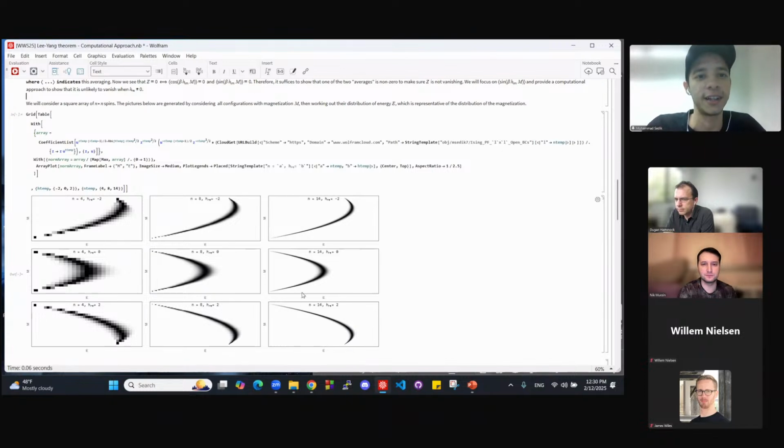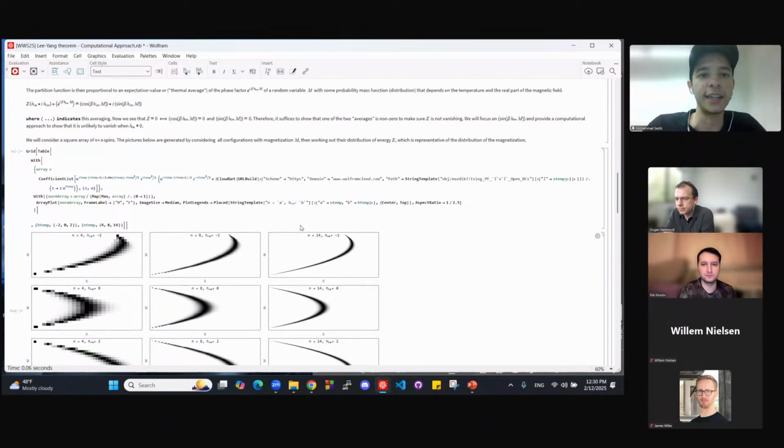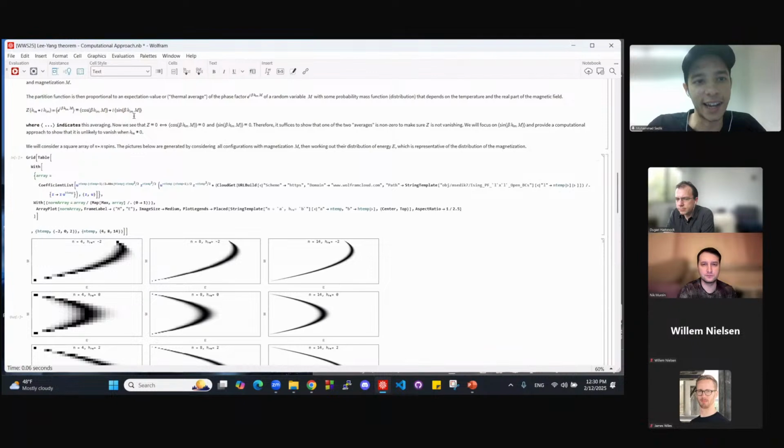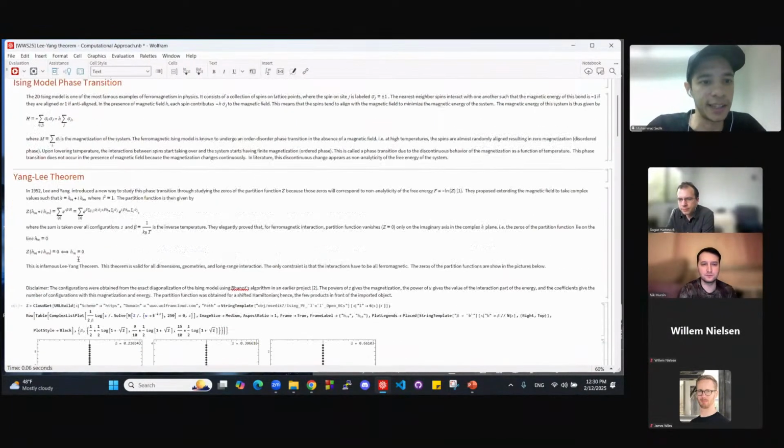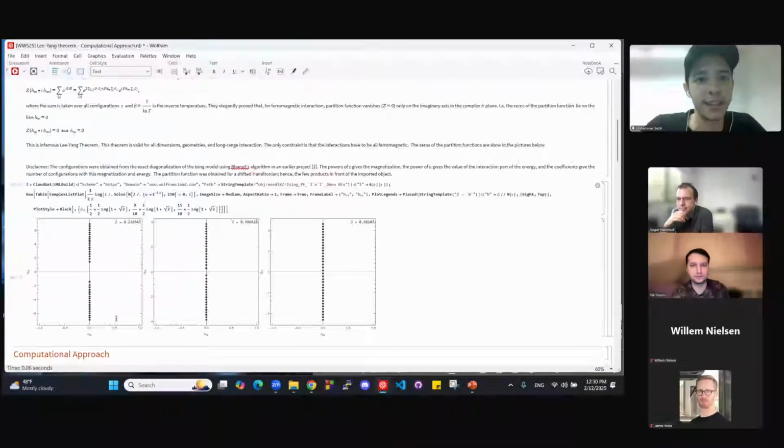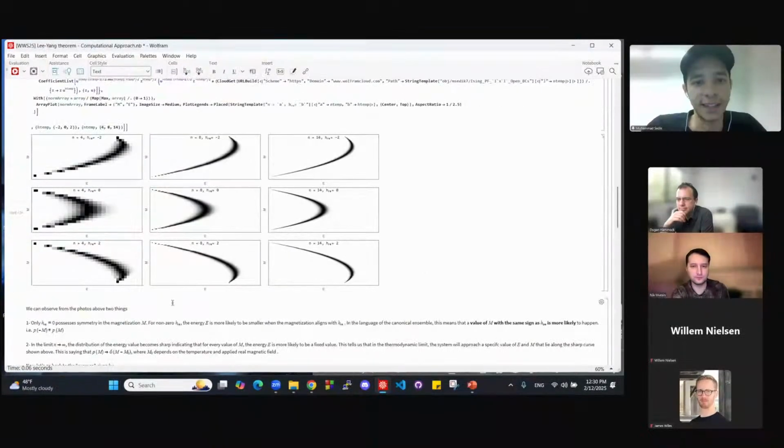This shows that the partition function is unlikely to vanish if your real H is not 0. Your partition function will vanish only if H is 0, which is the same as saying it doesn't vanish if H is not 0. It's the same logical statement. So that was the idea of the project.